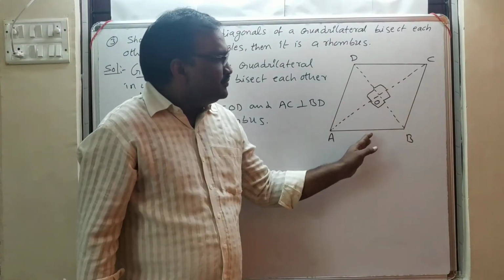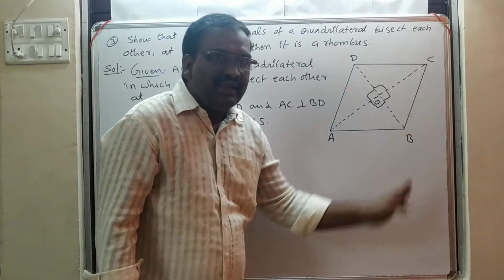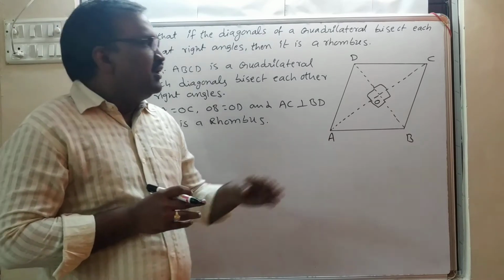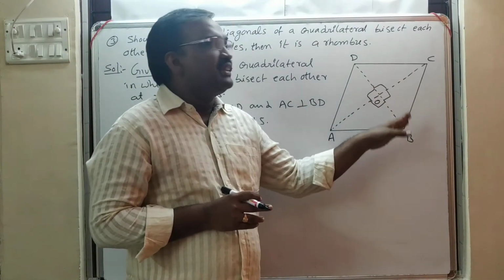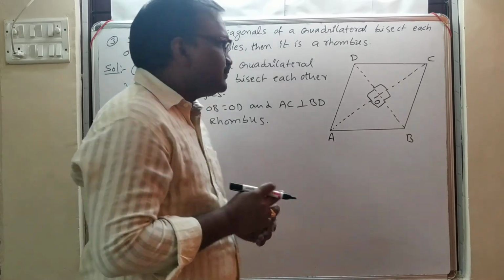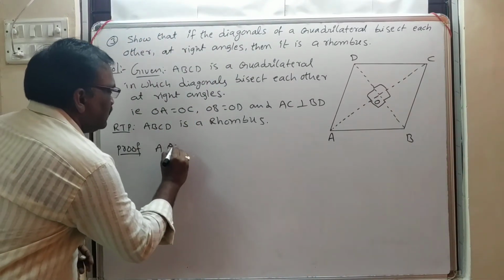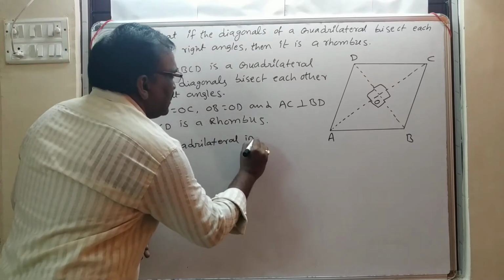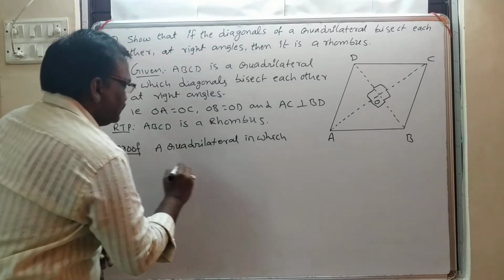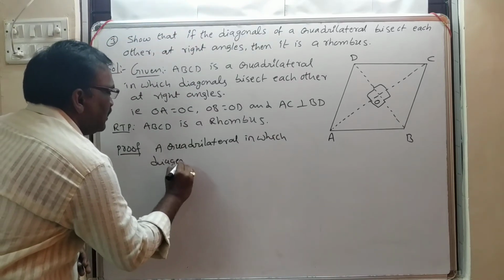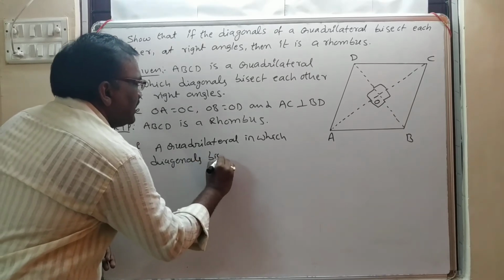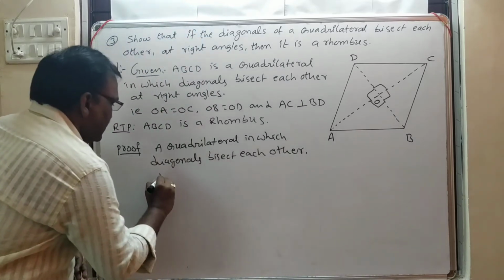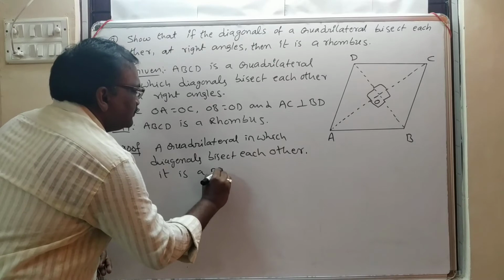ABCD is a quadrilateral and its diagonals bisect each other. What is that quadrilateral? A quadrilateral in which diagonals bisect each other is called a parallelogram.